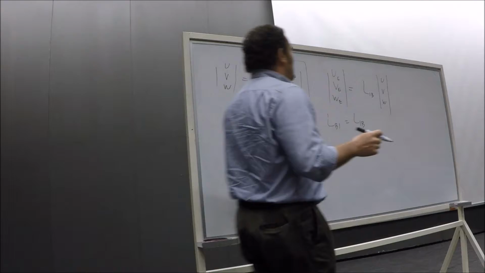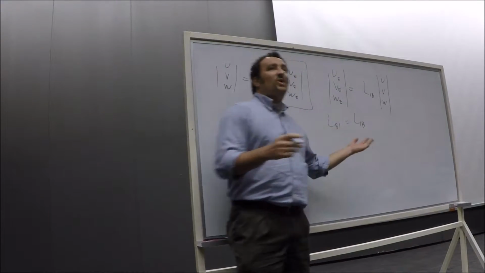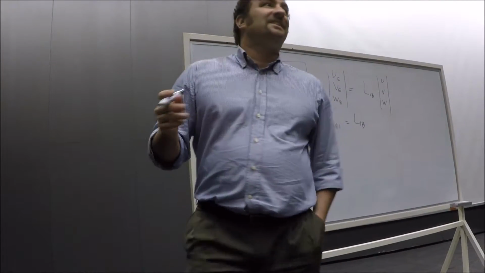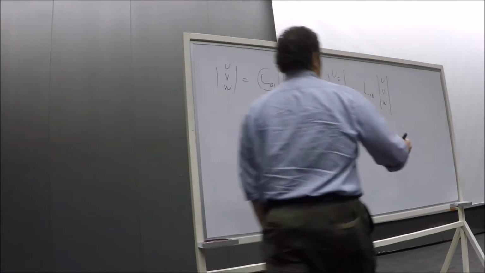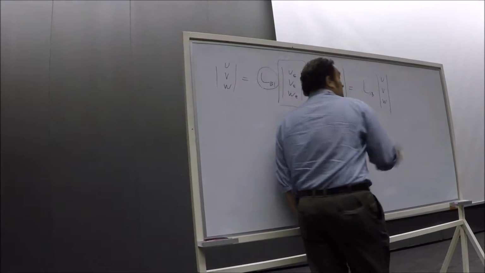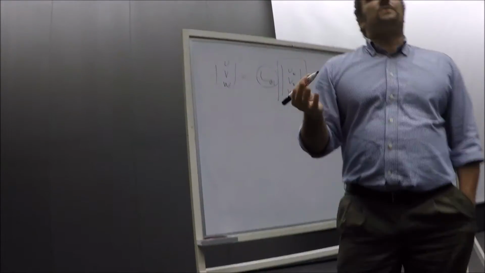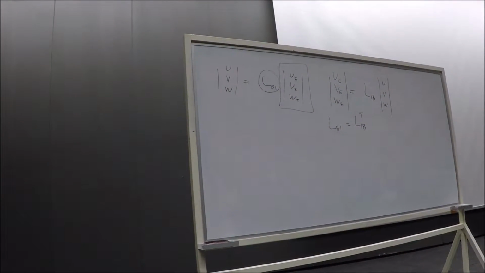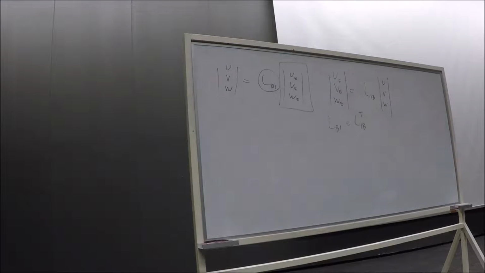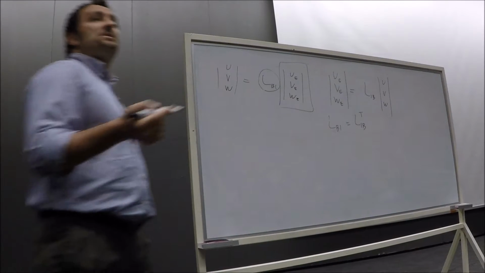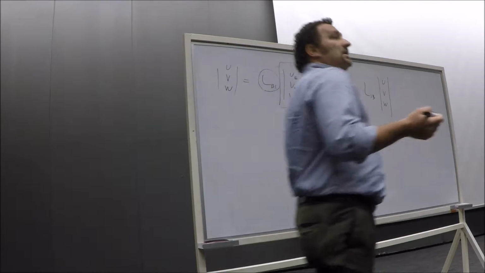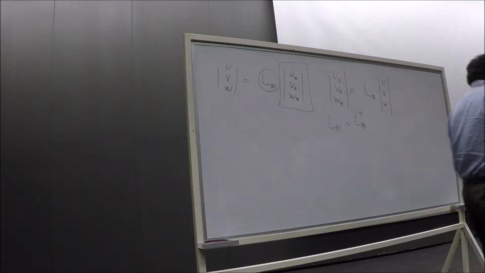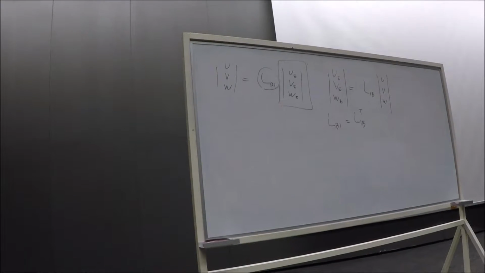Is this equation here correct? No. So what's missing? Transpose or inverse? Yes. So the relationship that exists between the two transformation matrices is that one is the inverse, or in this particular case, the transpose of the other. We can say that the inverse is the transpose because the matrix is orthogonal.